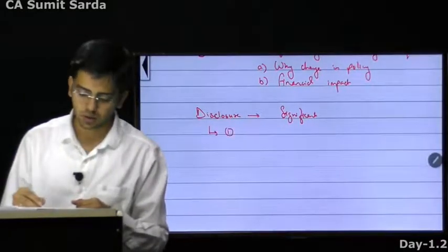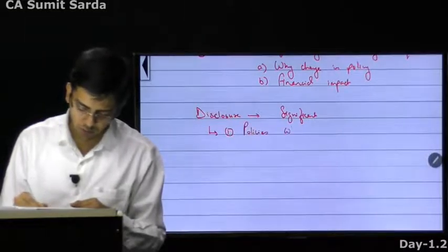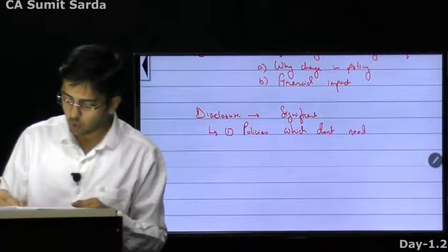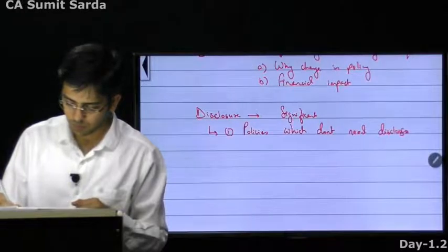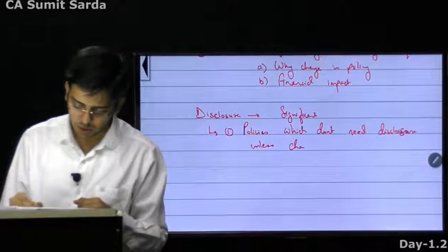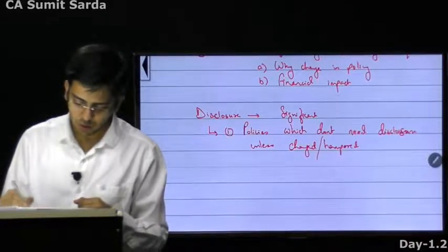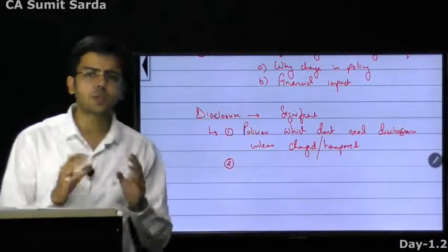First part, policies which don't need disclosure unless changed or hampered. So there are certain policies for which you don't need to give any disclosure.